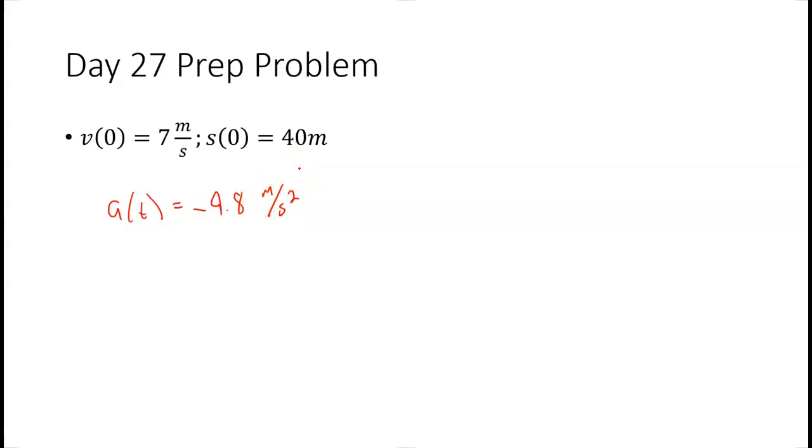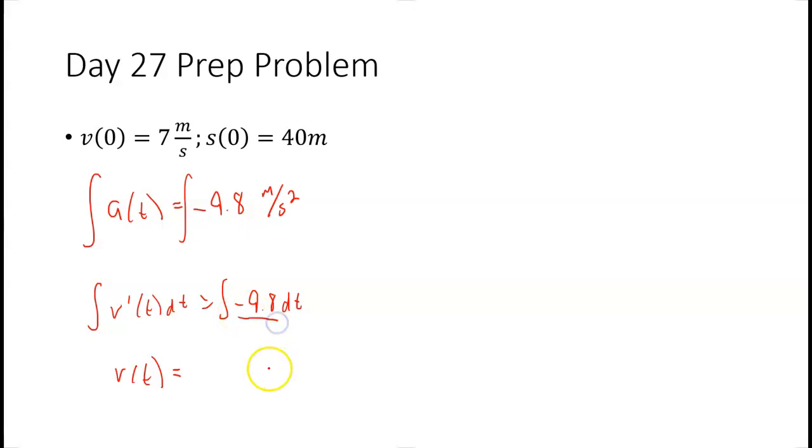Because we're using a model that makes that assumption, I can then integrate both sides of this equation to get to velocity. As a reminder, acceleration is the derivative of velocity. So when I integrate a derivative, I get its antiderivative, just velocity. So integrating acceleration gets us to velocity.